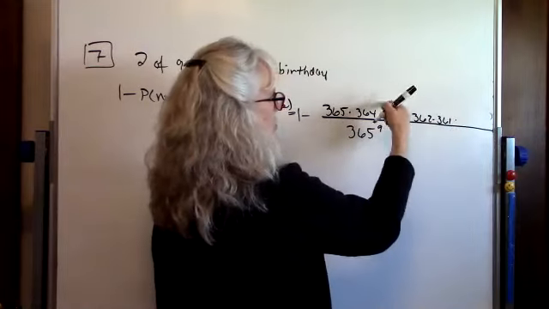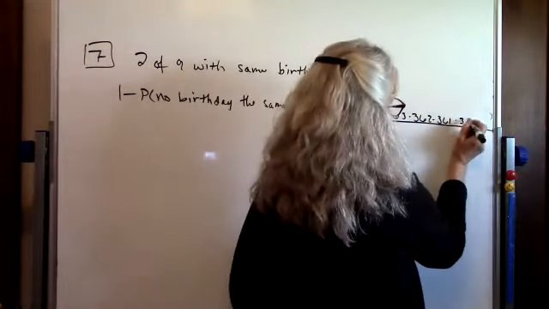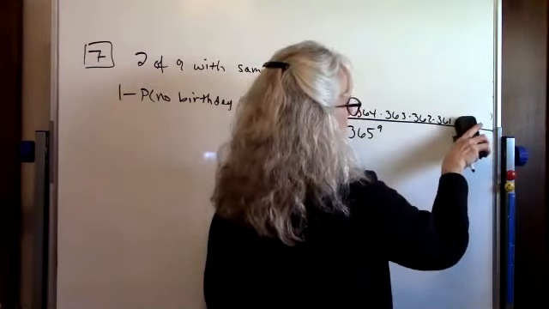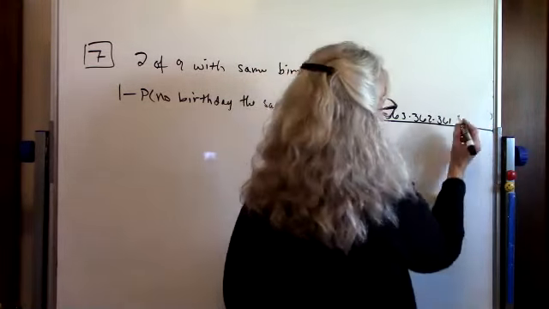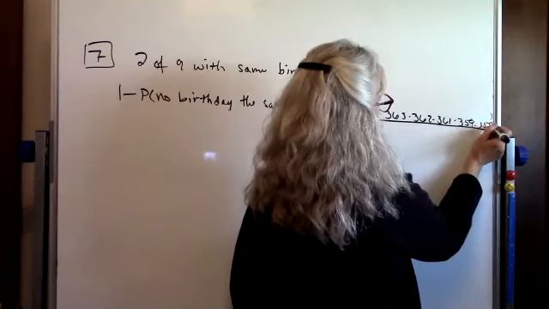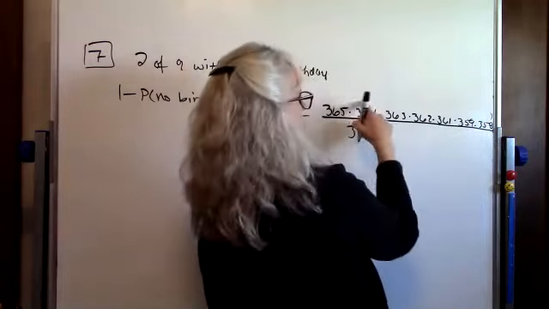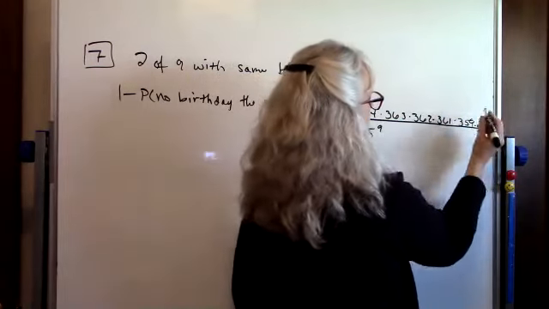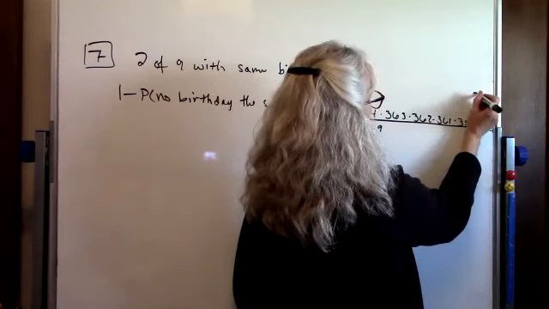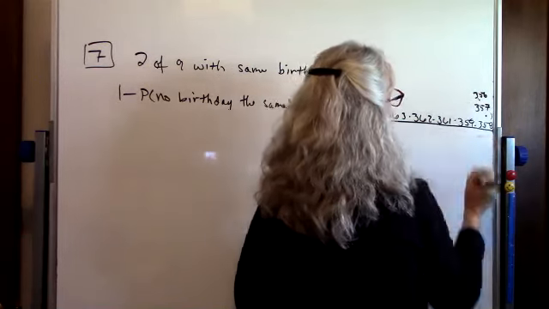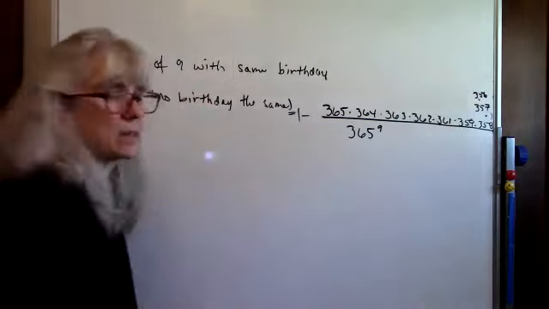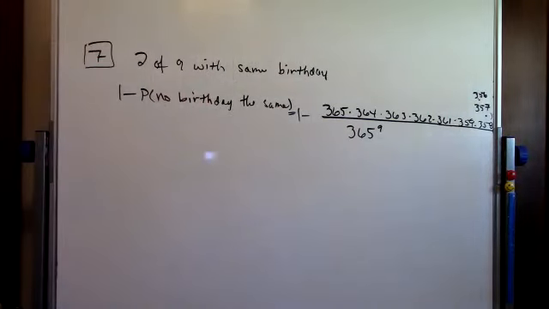So there's 1, 2, 3, 4, 5 people times 359 times 358. How many people do we have to get? 1, 2, 3, 4, 5, 6, 7 times 357 times 356. If I multiply that all together, that's where we're at in terms of birthdays that are not the same.